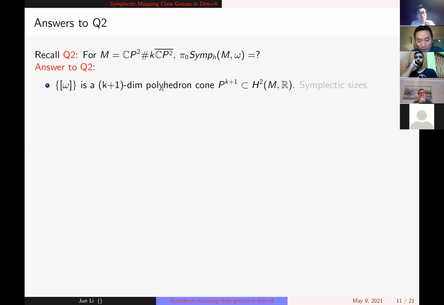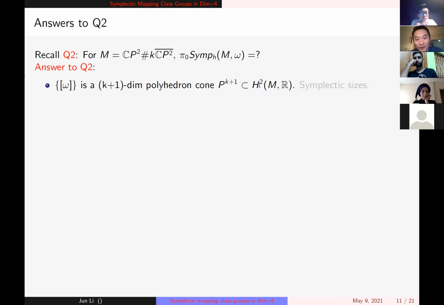Eventually, we are able to reduce everything to the so-called reduced symplectic forms. And after normalization, meaning that we require the original Fubini-Study form to have area 1 in the line class, we eventually land at a k+1 dimensional polyhedron cone.